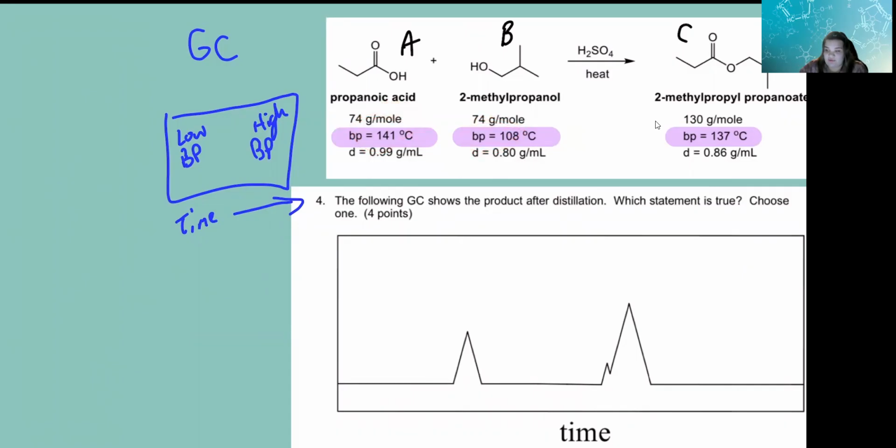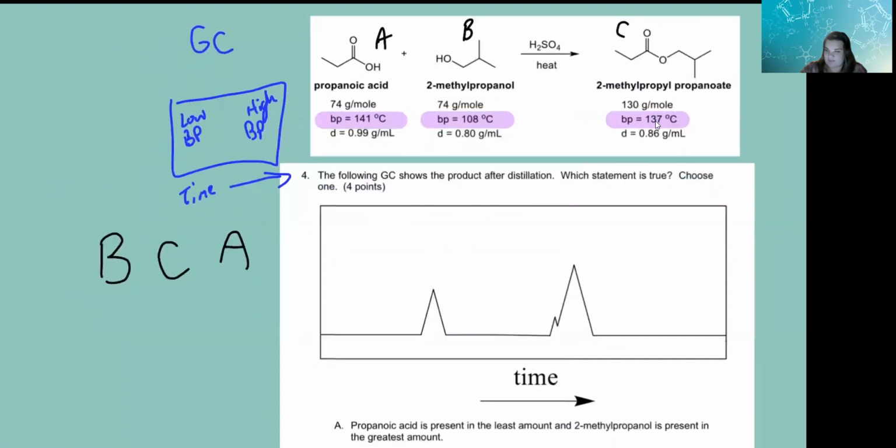So the lowest boiling point is B. Then C, then A. Now this is the product after distillation.